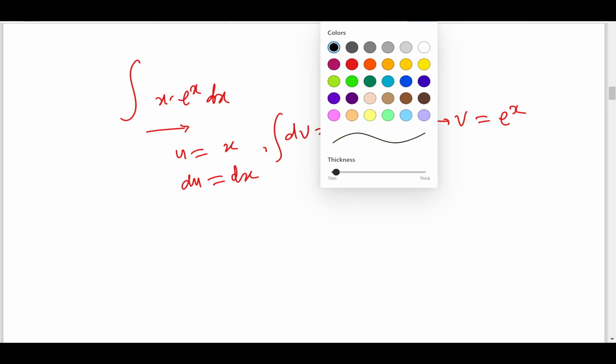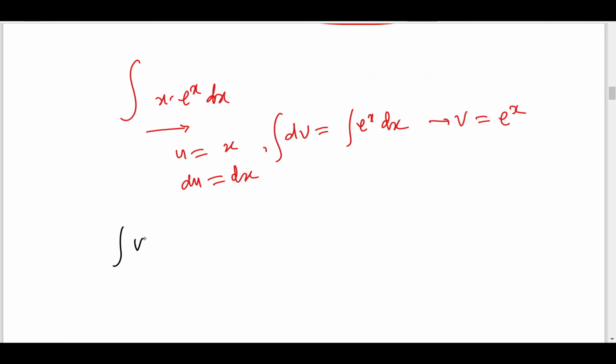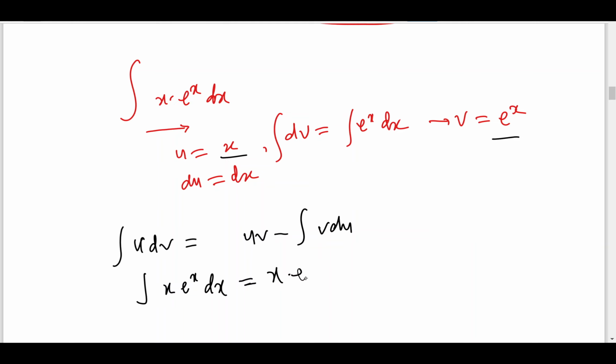And from the formula, the integral of u dv equals uv minus the integral of v du. So the integral of x e^x dx will be uv: u is x times v, which is e^x, minus the integral of v, which is e^x, times du, which is dx.